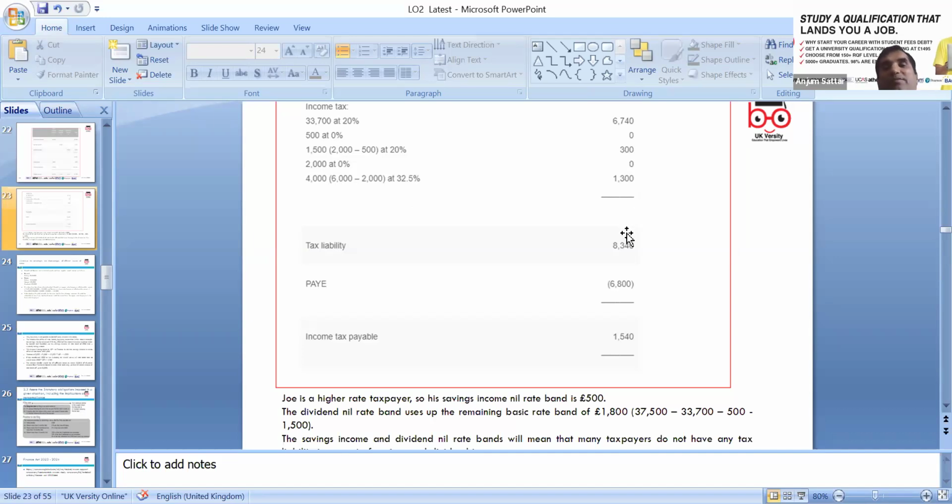So total tax liability is 8,340, and then the tax being paid. So that's just a matter of calculating the tax liability, and that's the way we can calculate. Okay, anybody, any question, any point you did not get, please, we can discuss, but that's the way we can calculate the tax liability in this scenario.